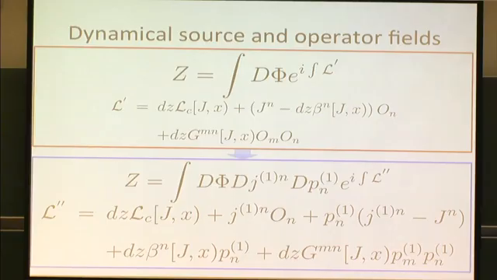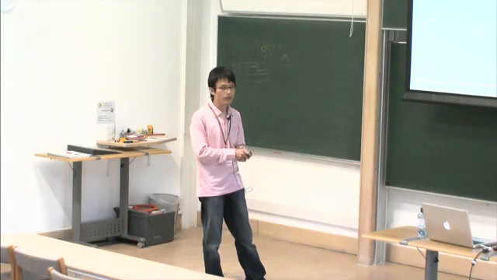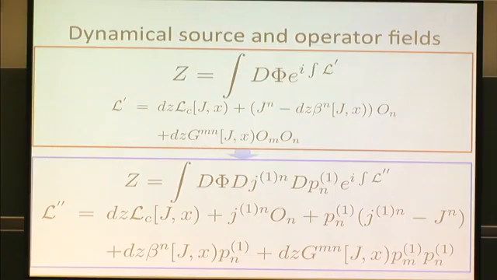But the price you have to pay is that the source for the single trace operator, represented by small j1, is not a fixed coupling. Instead, we have to integrate over all configurations of this source. And the rest of the action is designed in such a way that it gives some non-trivial distribution for this source, such that this partition function equals the original partition function.